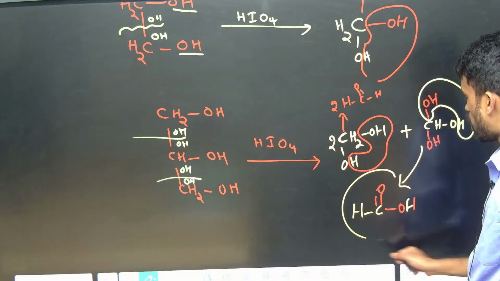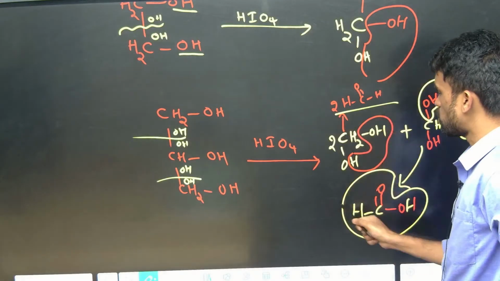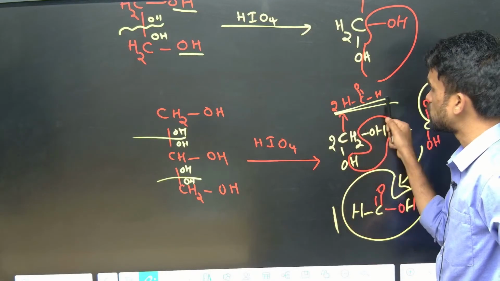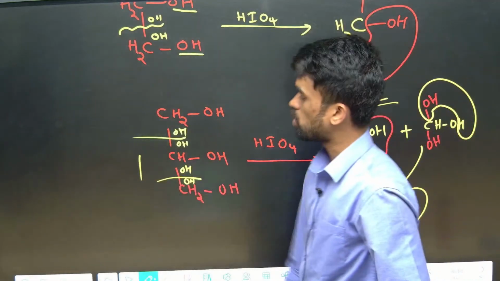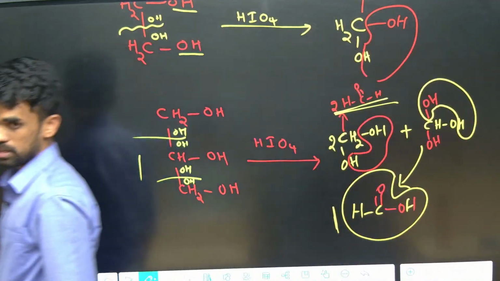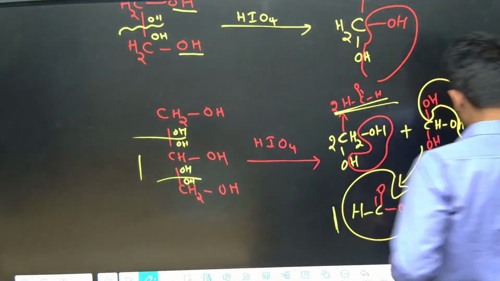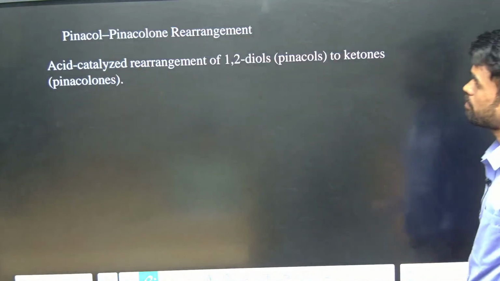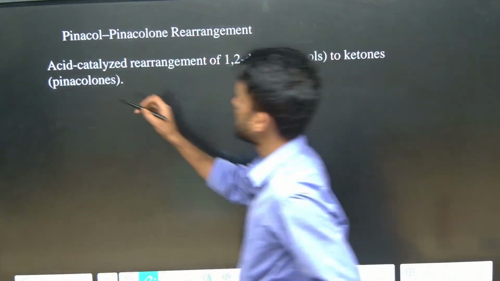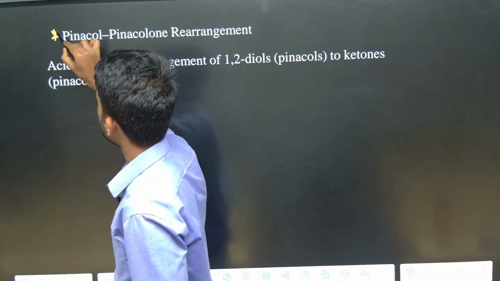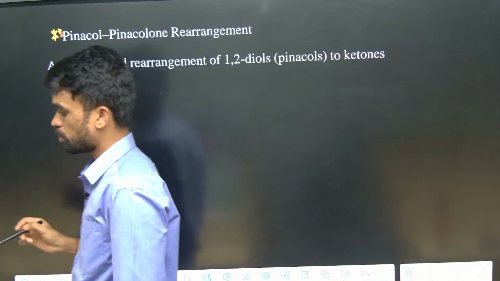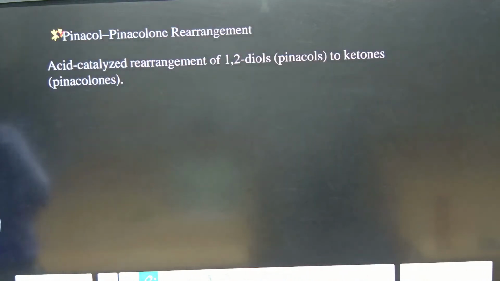So you get 1 mole of formic acid and 2 moles of formaldehyde from 1 mole of glycerol. That's it. This is what you need to understand from the reactions of periodic acid. And one more reaction here is the pinacol-pinacolone rearrangement, one of the important reactions for JEE students.